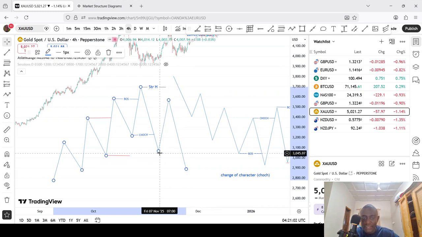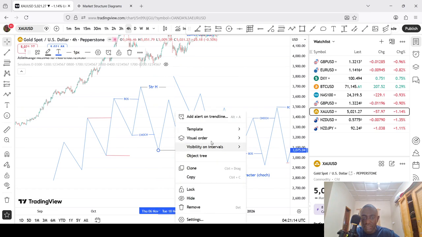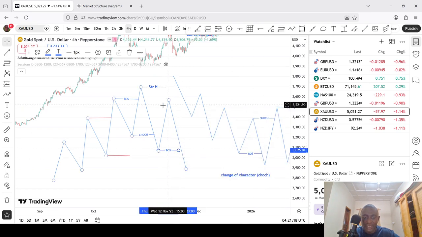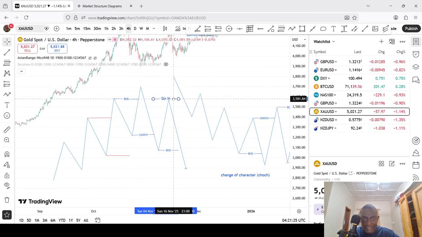So now, when price got here and it broke this level, here becomes our BOS. Yes, here became our BOS because now we've confirmed that we are in a direction that is going down. Before it was going up, but now we are going down, and the strong low is no more here, it's here. You get it?